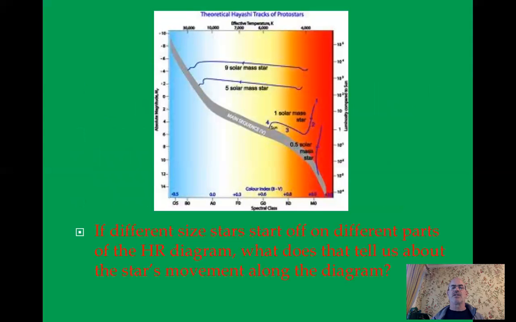If different sized stars start off on different parts of the HR diagram, what does that tell us about the star's movement along that diagram? Well, if you look at the protostars, they're going to start out large and cool, kind of like the opposite of after a star dies and expands like a red giant.